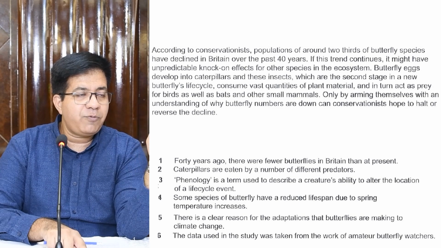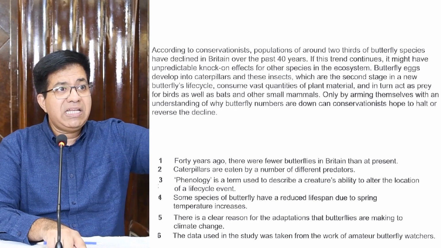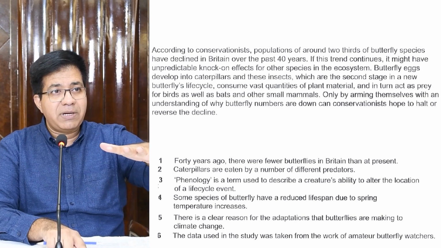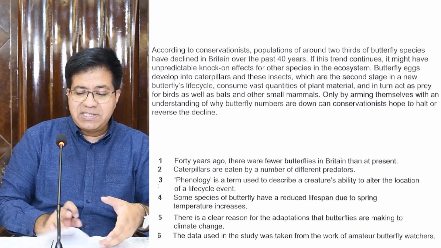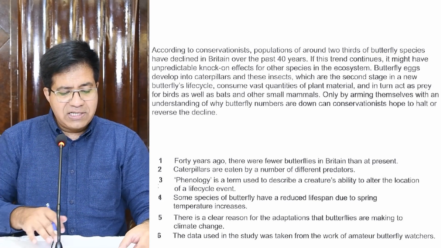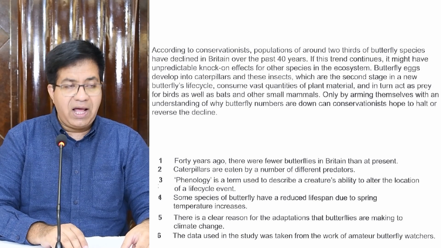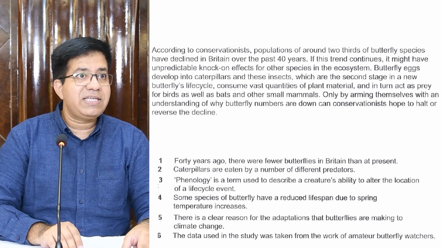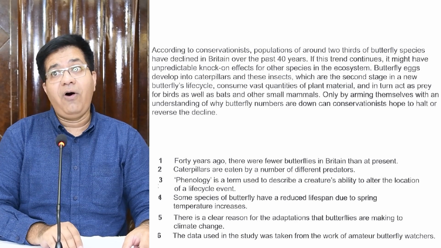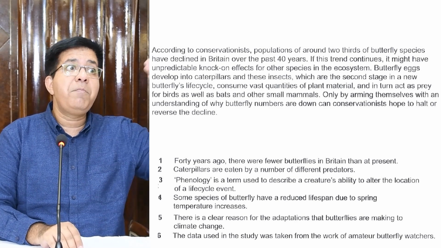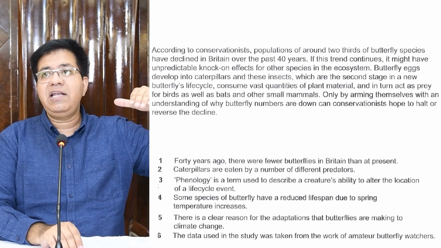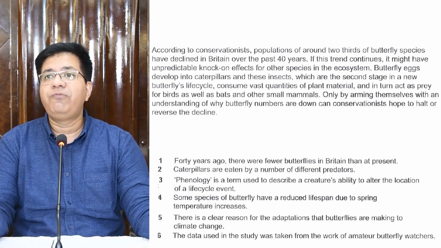Now, over the past 40 years, population declined. It means now there are fewer butterflies than in the past. And what is the question? 40 years ago, there were fewer butterflies in Britain than present. Answer is false, because 40 years ago, there were more butterflies than present. That is why this answer is false.